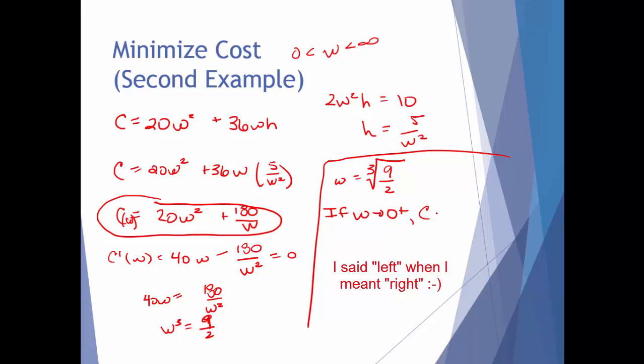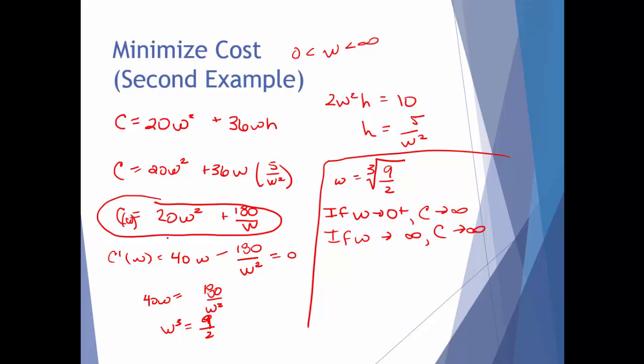So your cost would approach infinity. You don't want to do that. If you let the width approach infinity, then the first term will go to infinity, and the second term will go to 0. So in that case, again, cost goes to infinity. So neither one of those is appropriate if you're looking to minimize the cost.